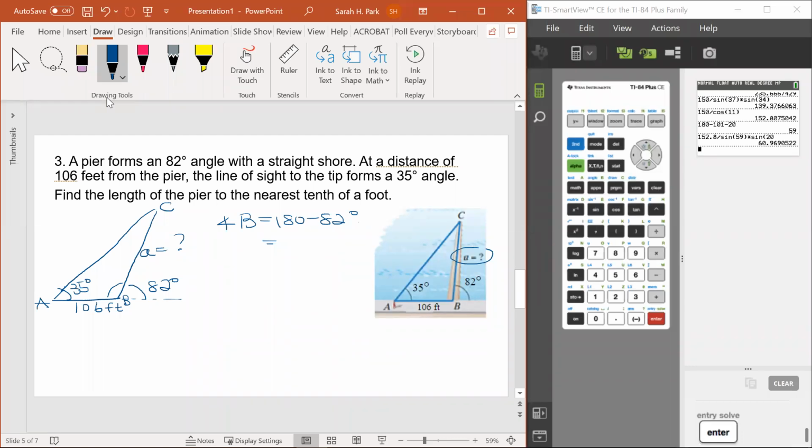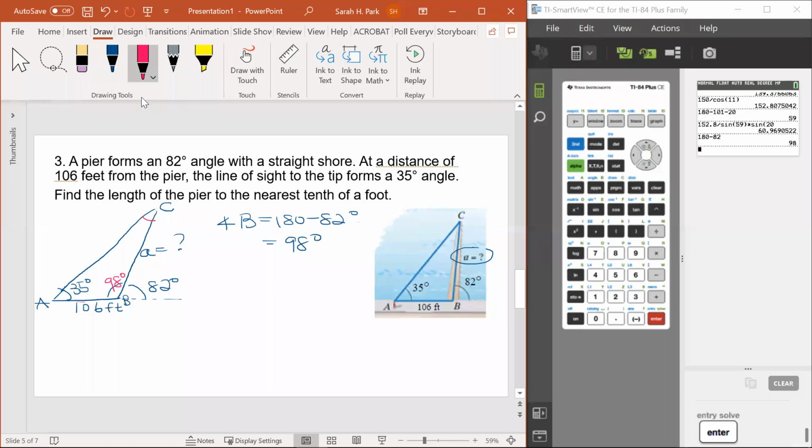That gives us 98 degrees. I'm going to label this 98 with a different color because that was not given in the problem.